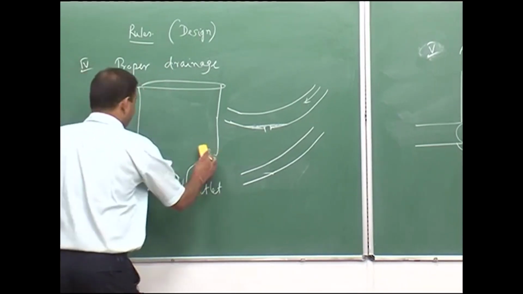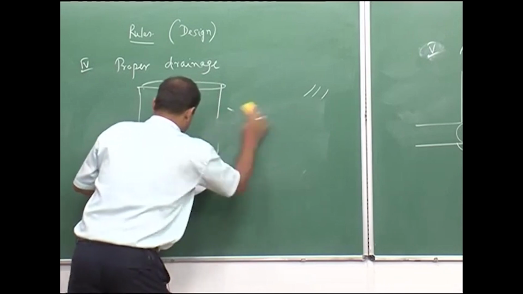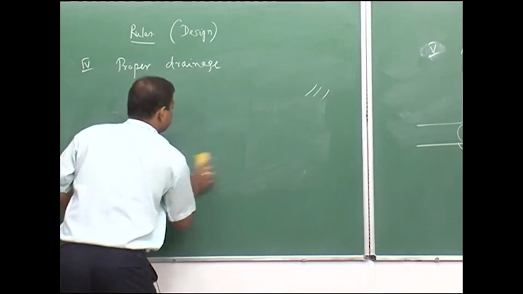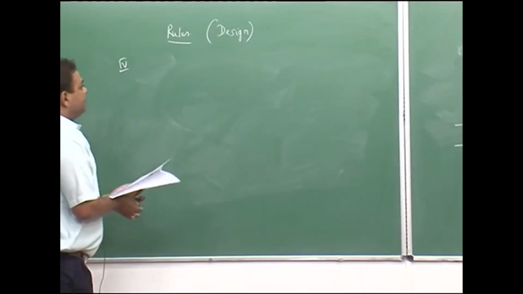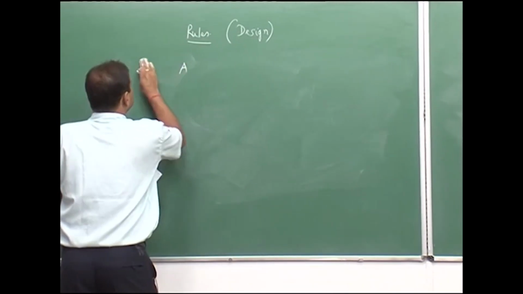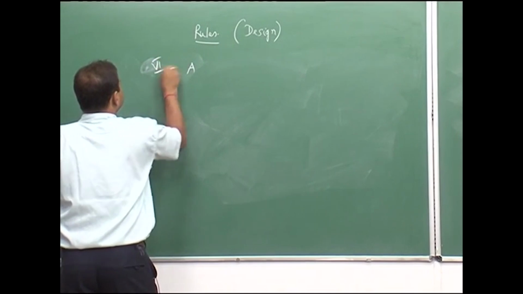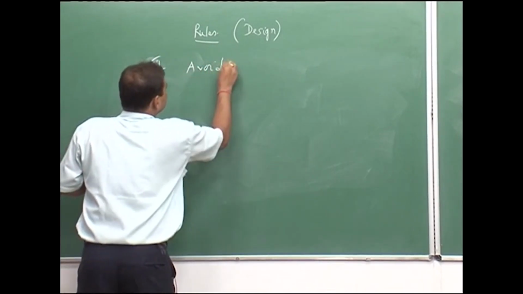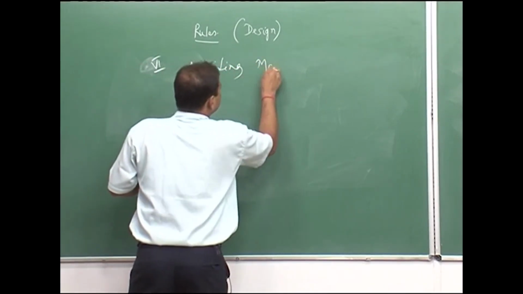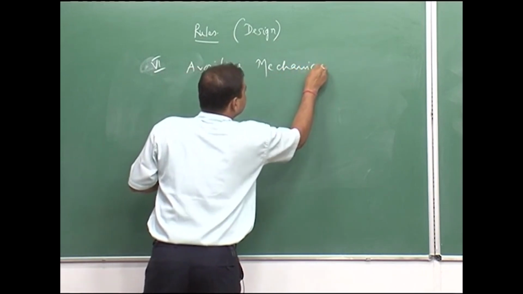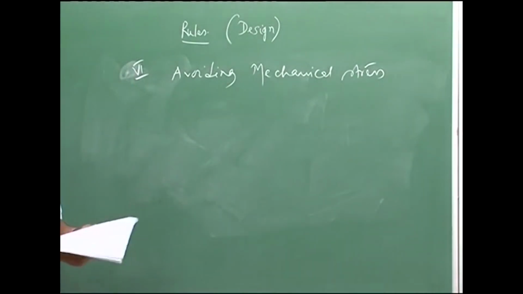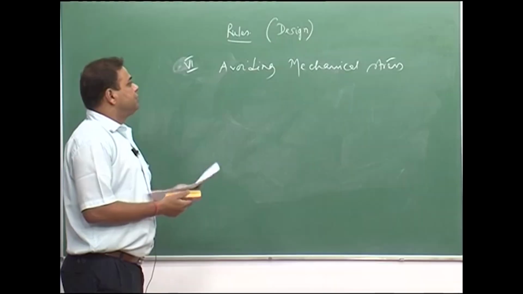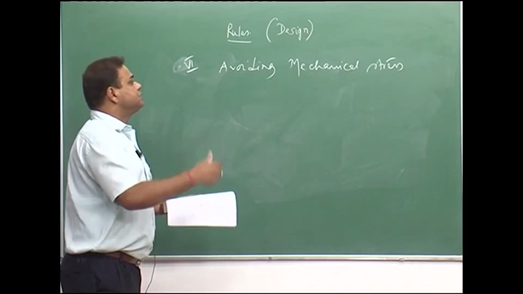Then we can also think of mechanical stresses. Number 6: avoiding mechanical stress sometimes improves the corrosion resistance, or it can slow the corrosion process.